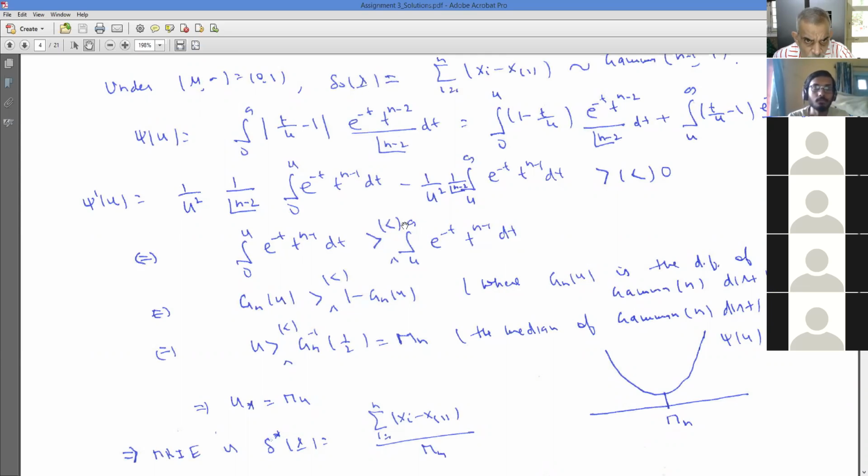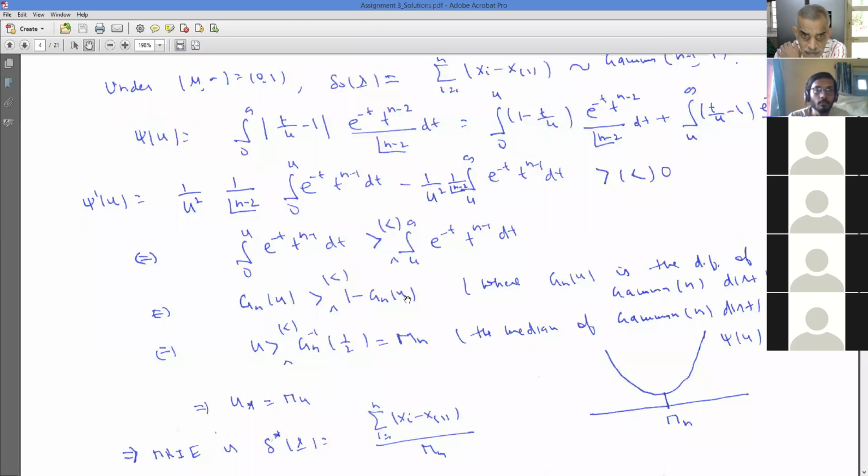Now note that this again is a gamma density except for a normalizing factor, gamma n. So if I divide both sides by gamma n, which I can do because there is an equality, I get this quantity as the PDF of a gamma n. So this is the distribution function of gamma n at the point u.